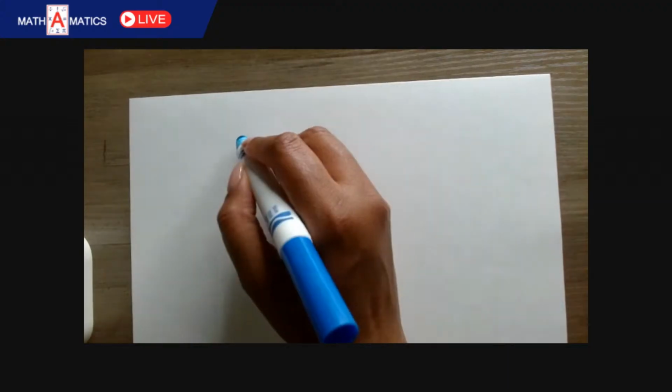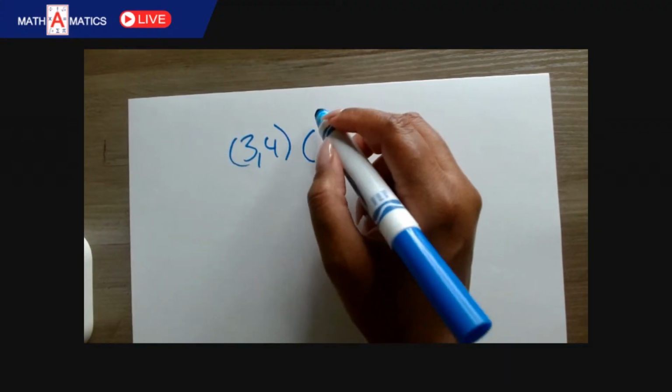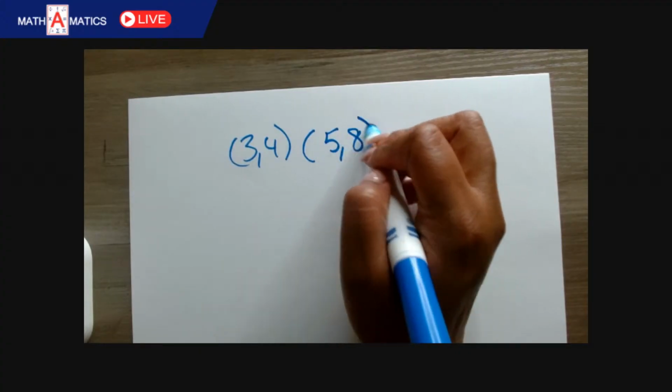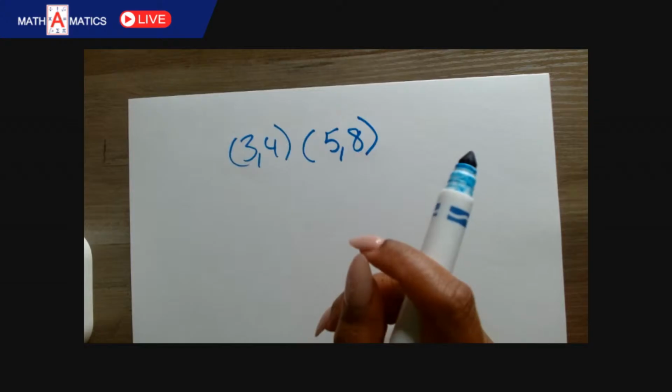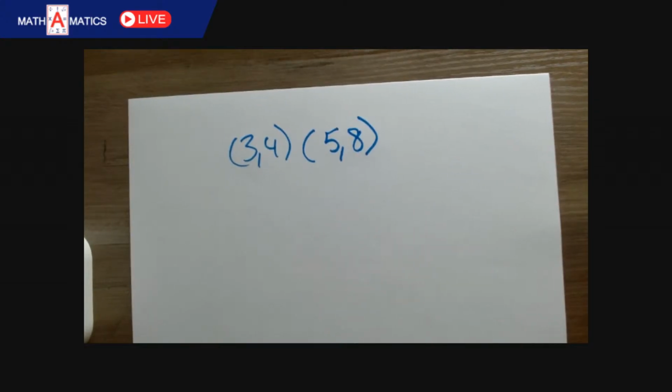All righty. So let's do this. If we are given 3, 4, and we are given 5, 8 as 2 points on the line, we are going to create an equation of the line.